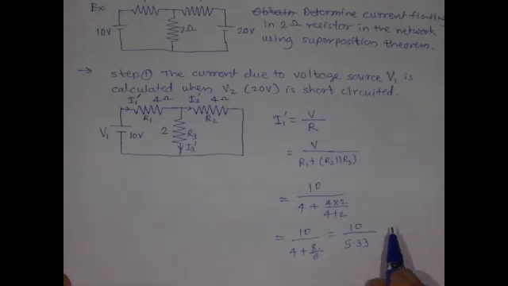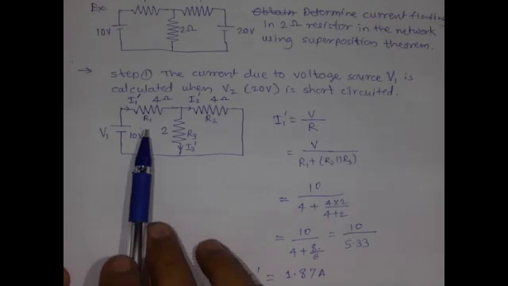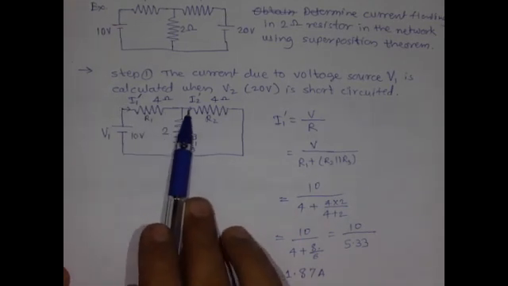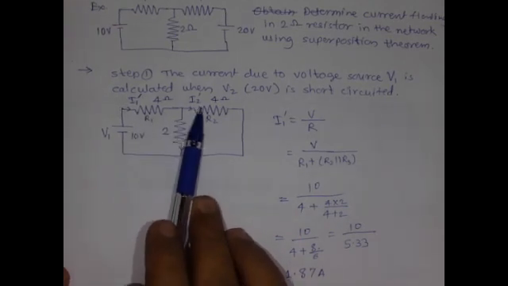Now if you calculate, the I1 value becomes approximately 1.87 ampere. This is the value of I1 dash, the current flowing through the total circuit. Whenever that I1 dash appears here, it must be distributed again into the components.